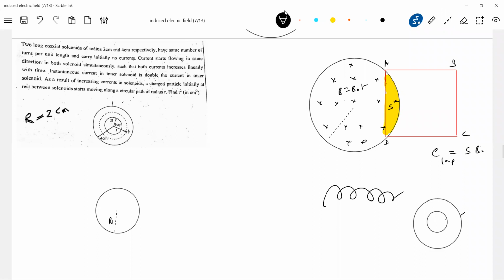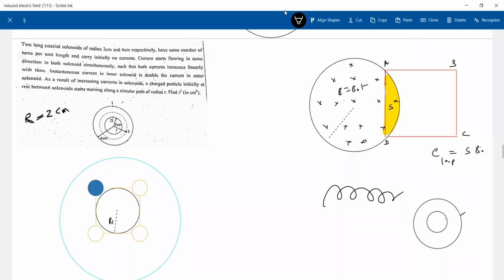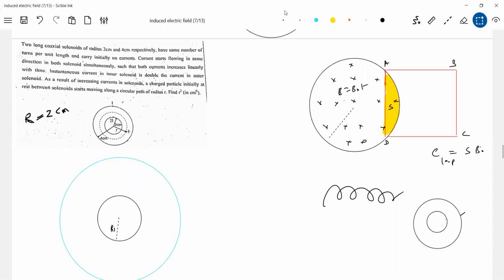Then there's another solenoid. The radius of that, let that be R2.